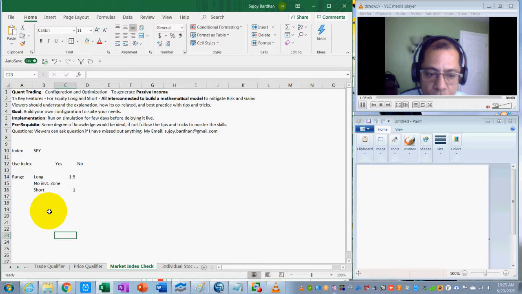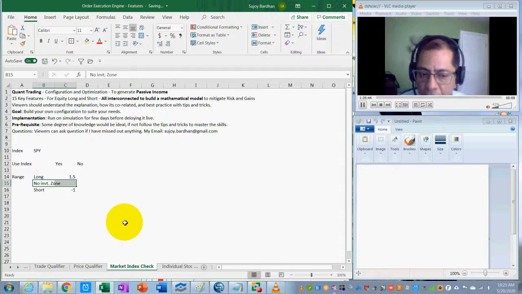You can decide what your no investment zone would be depending on how conservative or aggressive you want to be, and test it out with your list as you do your simulations, to see that you are getting results from this as to what I have shown on all the charts which I picked up from multiple stocks. So thank you.